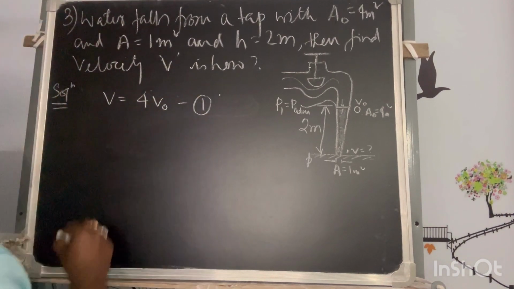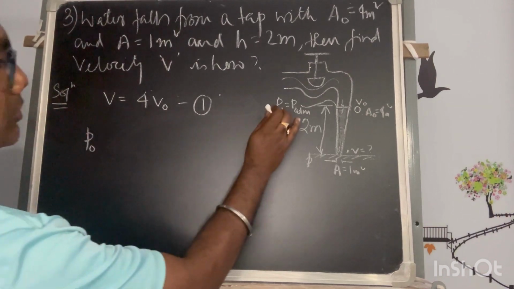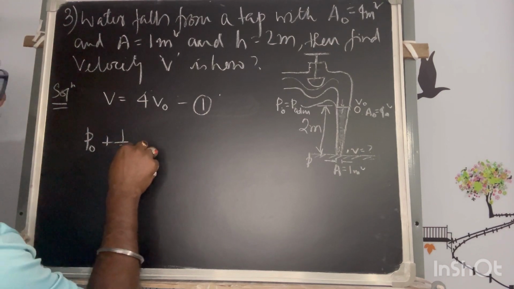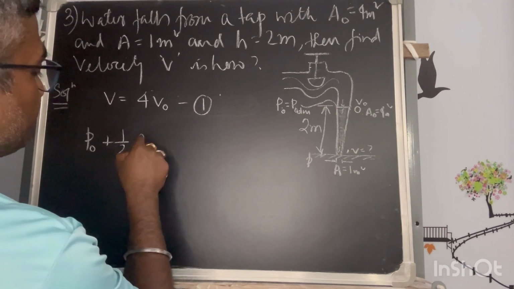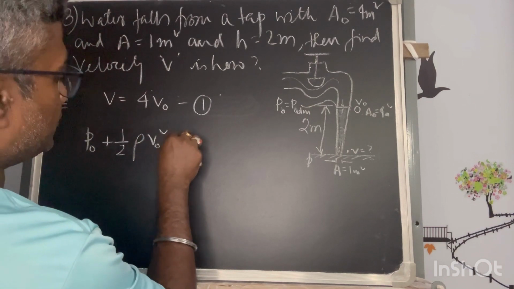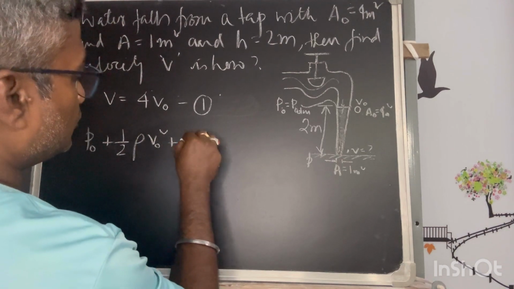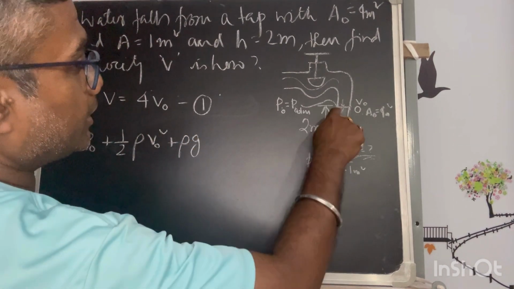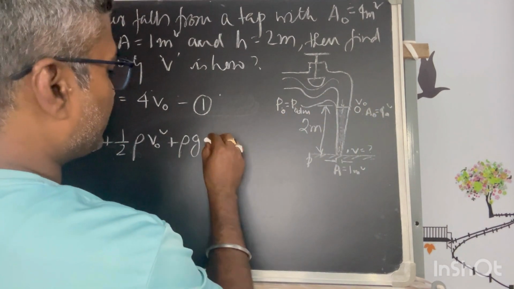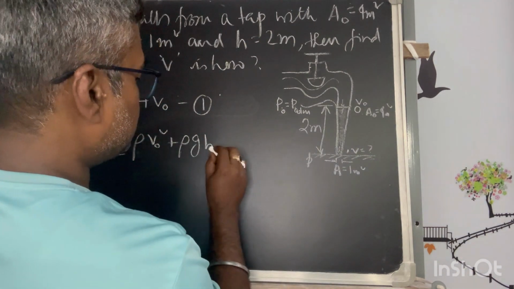Okay, fine. The second equation will be pressure energy P0 plus half rho V0 square plus rho g H, where H is the height, so H is equal to H0.